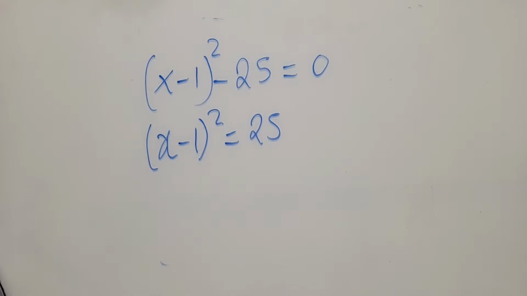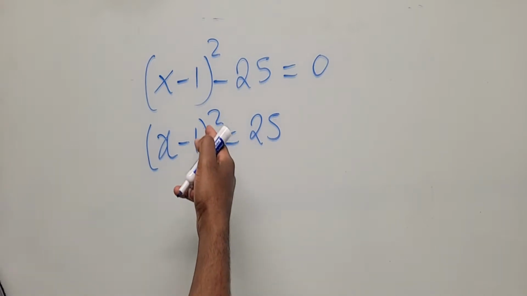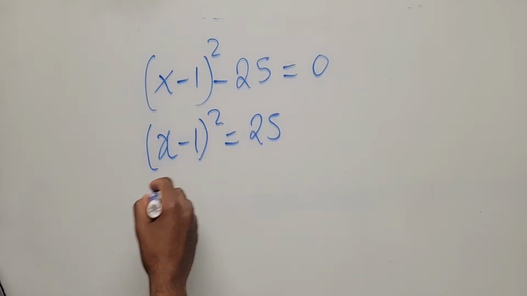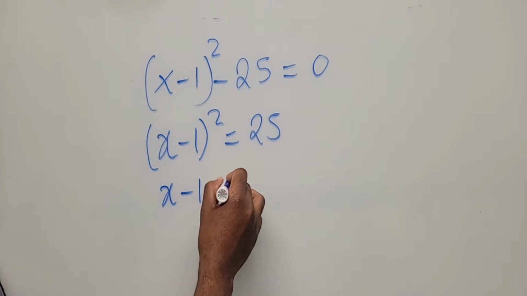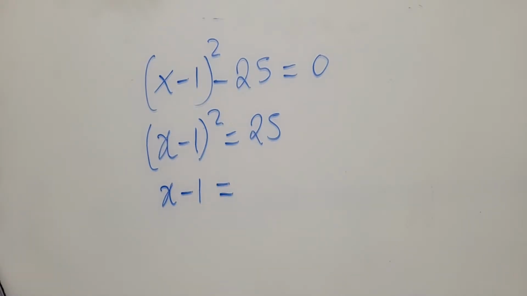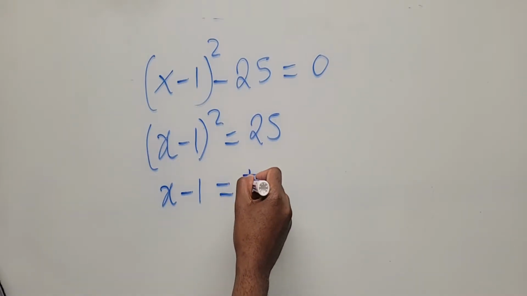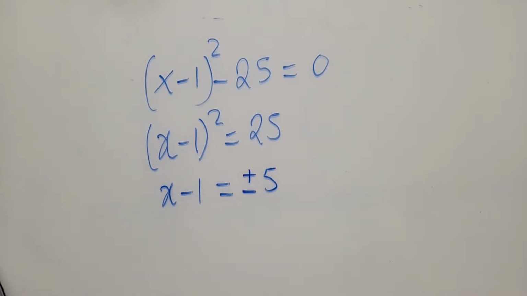If this is the case, then I can take the square root of both sides, right? So I have x minus 1 is equal to, if I take the square root of 25, either positive or negative 5, right?